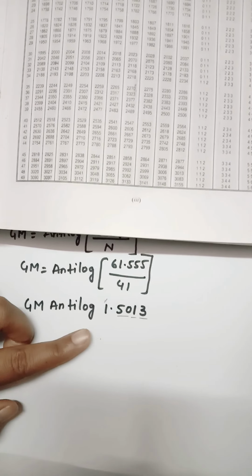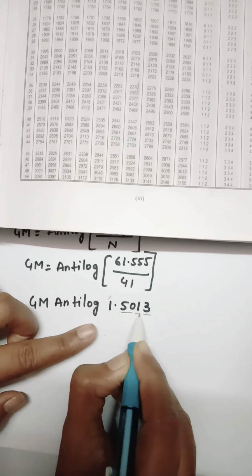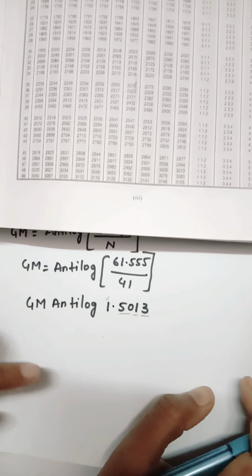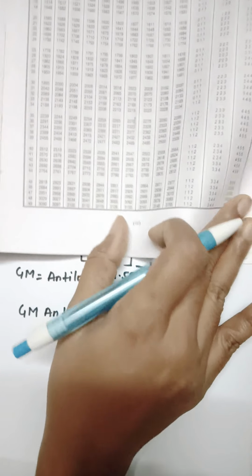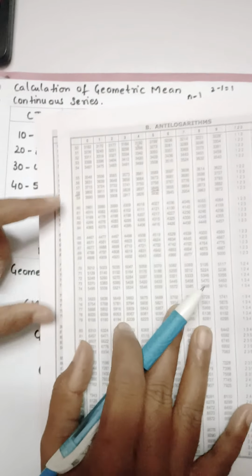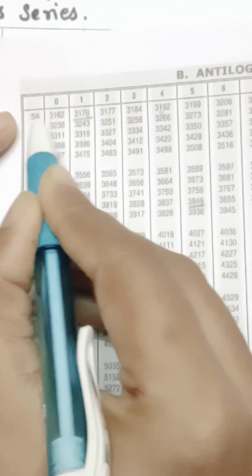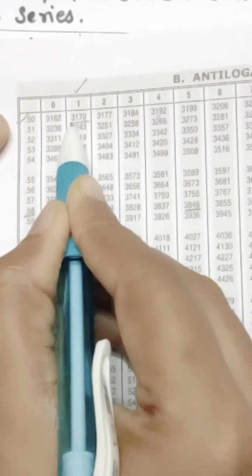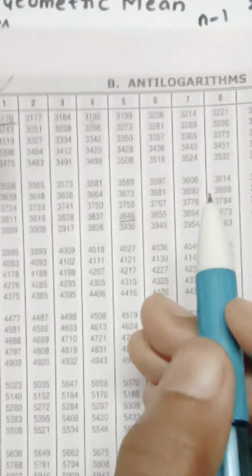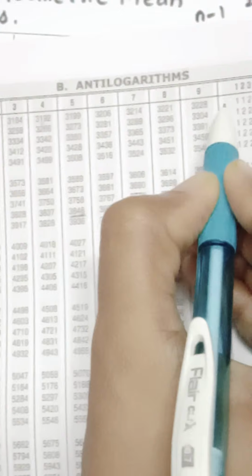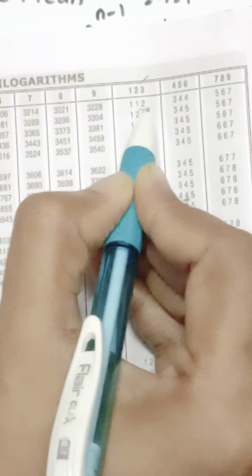We go to the value 50 in the antilog, and 50 at 1 is 3170. In the same line, we consider the mean difference 3, which is 2.